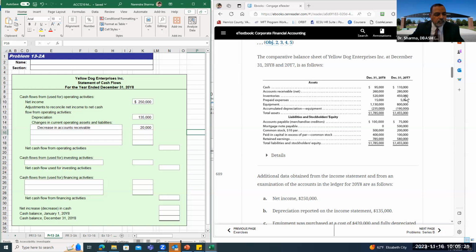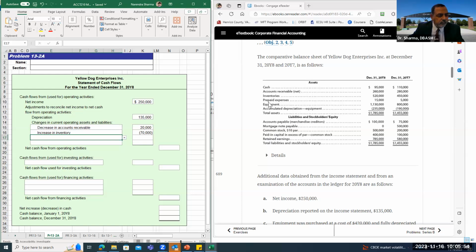That means it has increased, so it will be a negative amount. 520 minus 450 is 70,000, so I'm going to put minus 70,000, an increase in inventory.